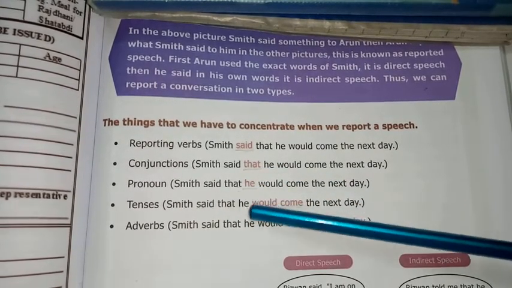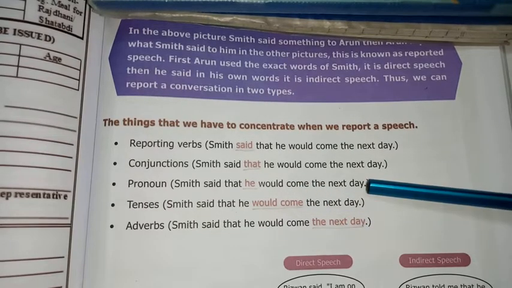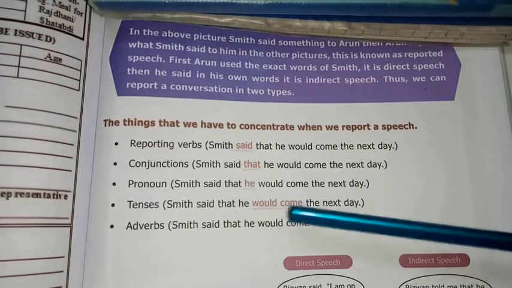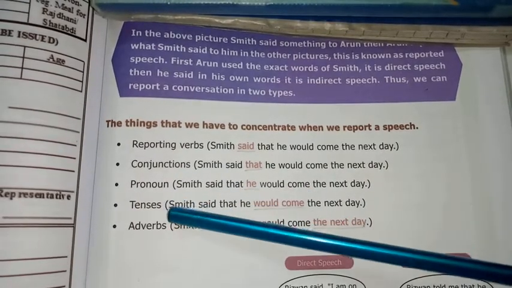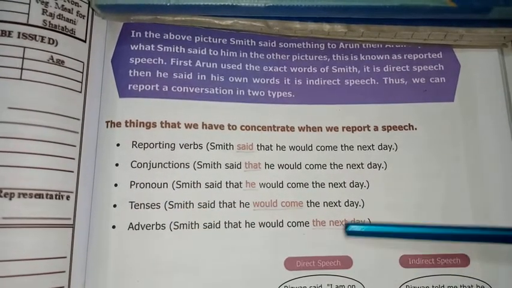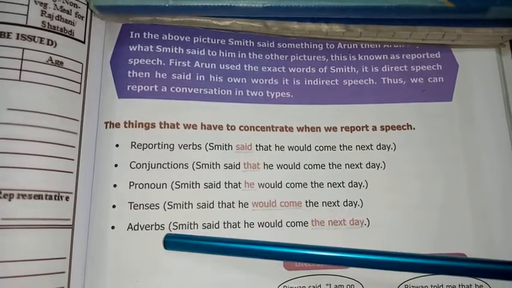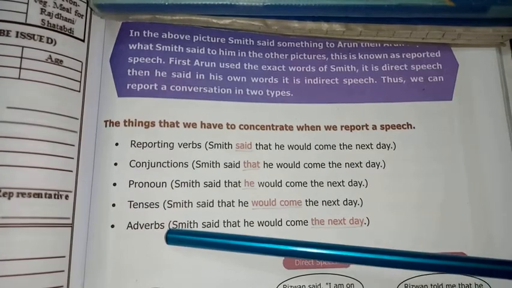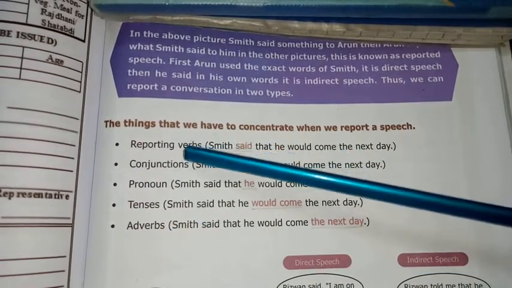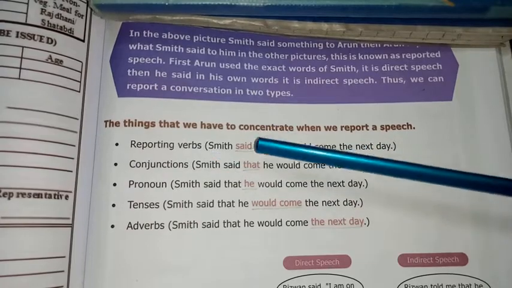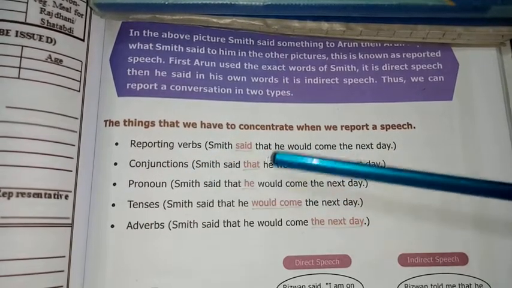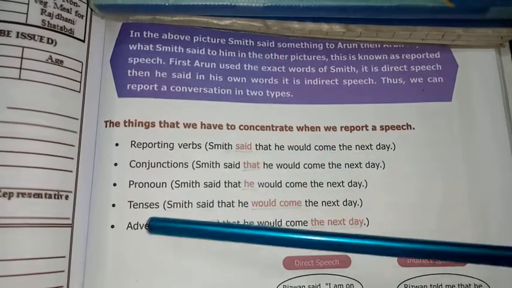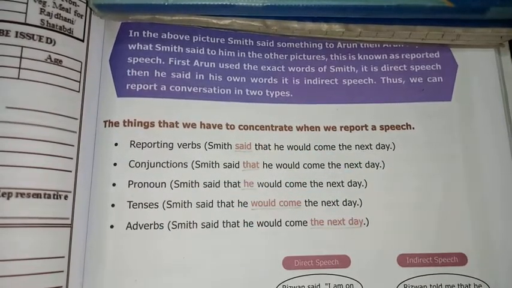Yes, he is the pronoun. Then would come is tense. Then the next day is the adverb. So, the things we have to concentrate on when we report a speech are: reporting verb, said; conjunction, that; pronoun, he; tense, would come; adverb, the next day.